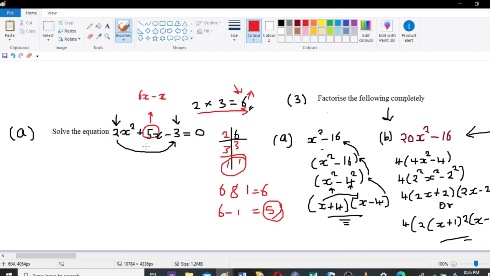So where we have 5x, we're going to substitute with positive 6x minus x. So it's just another way of writing what we still have here, which is 5x. We haven't changed anything. Minus 3 is equal to 0.